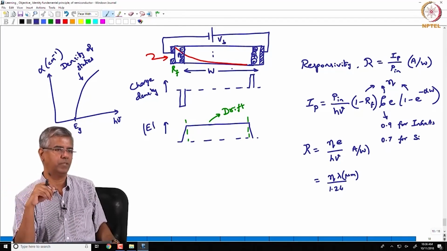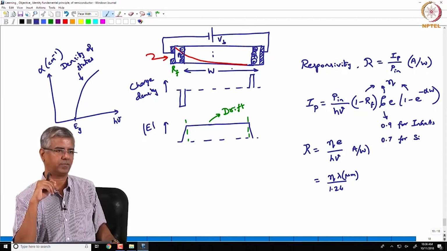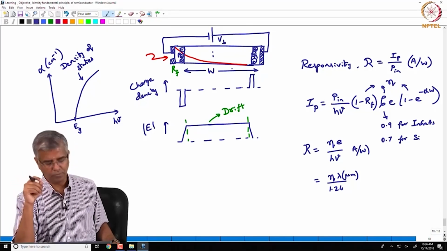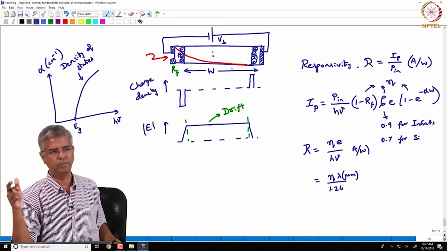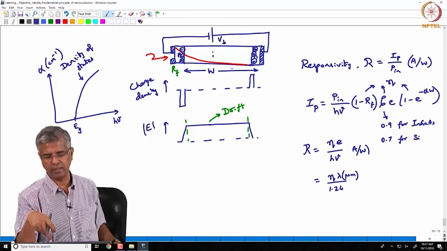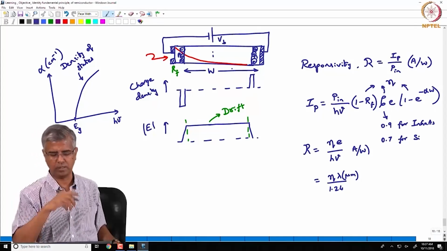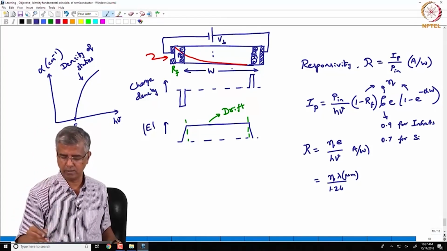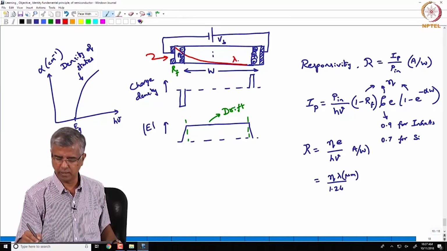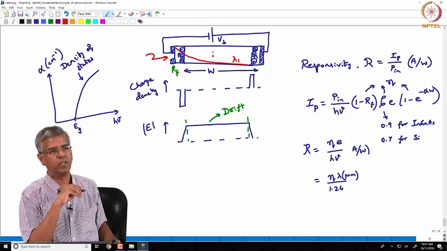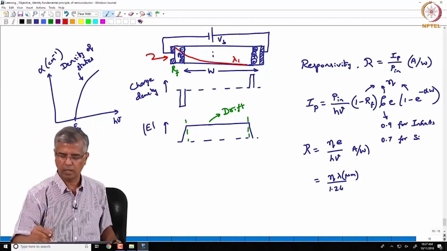If the incident frequency changes, and the frequency is much higher than the frequency for which I have drawn this red line, let us say the red line is at frequency nu 1, corresponding to wavelength lambda 1.